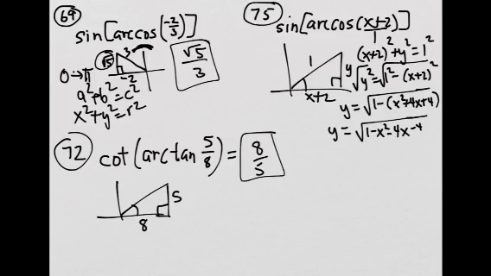I can combine these, so finally y equals square root of negative x squared minus 4x minus 3. Okay, so when you want to find the sine of that angle, it's y over r, right? So it's going to be just this over 1. So we don't need the 1, so this is the answer.